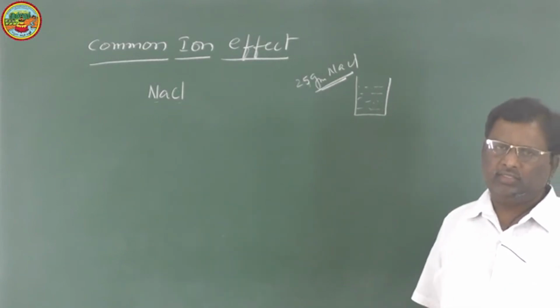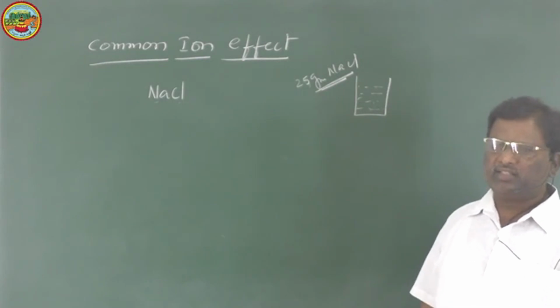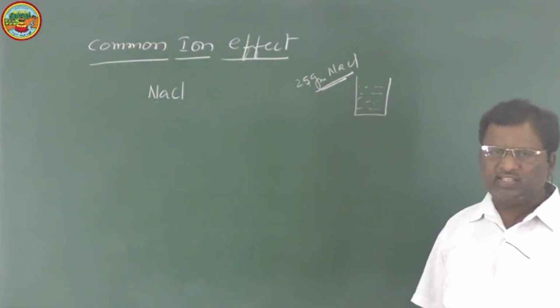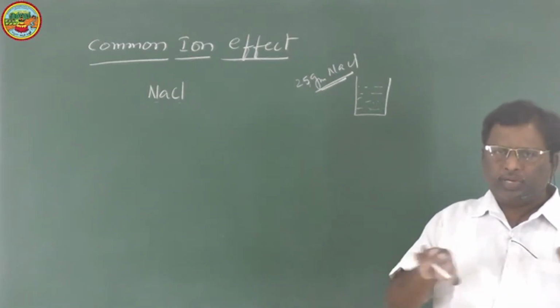That means the concentration of Na plus and Cl minus ions when 25 grams of NaCl is added is sufficient to be present in the water.